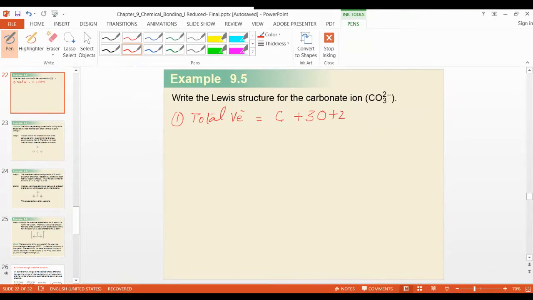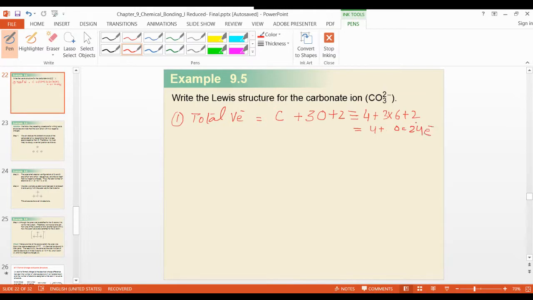Now carbon, which group? 4 group. So 4 valence electrons plus 3 multiplied by oxygen. Oxygen is group 6, 6 valence electrons, plus 2. So you will get 4 plus 18 plus 2, 20, equal to 24.